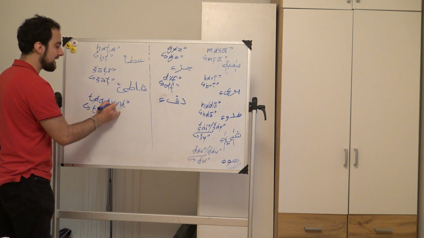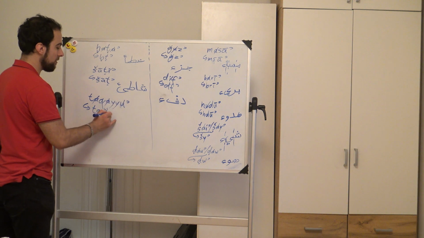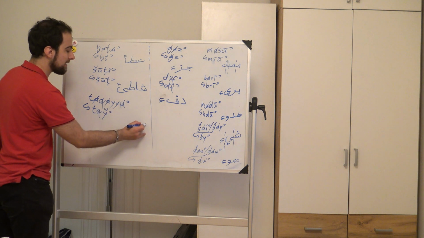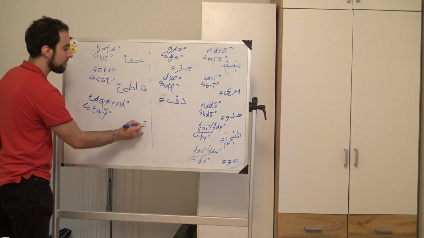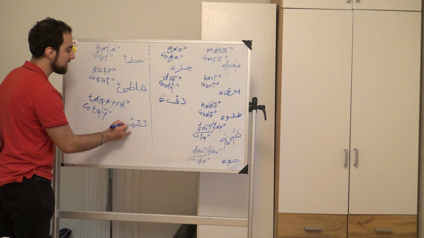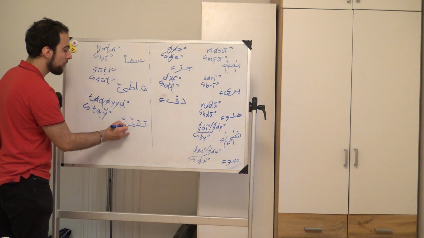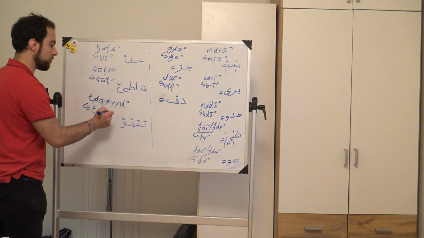And if two same letters are next to each other, we will write them one time with a shadda on it, and now replacing it with Arabic letters, t with the letter ta, q with the letter qaf, y with the letter ya, and it's doubled, so with a shadda on it, and the Hamza wants to sit on a waw, because before it comes a short u.